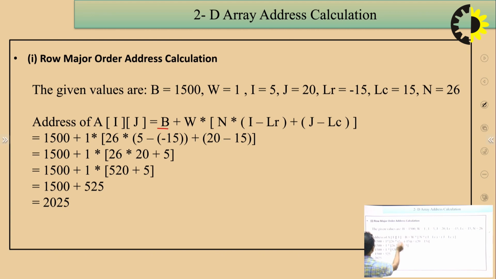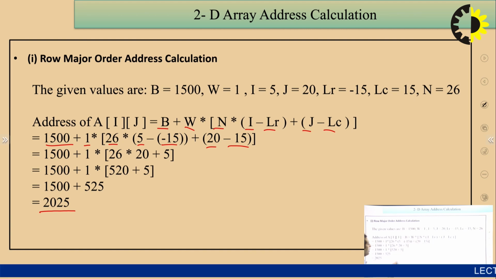B is 1500, W is 1, the number of elements in each row is 26, I is 5 since we want the address of X[5][20], LR the lower limit is minus 15, J is 20, and LC is 15. So we can calculate the final address as 2025 for the element X[5][20] in row-major order.